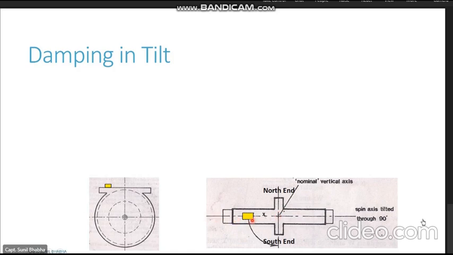The dashed line which you see in the diagram, which I am showing by my laser pointer, basically represents the plane of the rotor. And our weight, the yellow color weight, is fitted in the plane of the rotor and it is slightly offset to west. You see the spin axis is now vertically up and down, and you can see the weight has been offset to the westerly direction. So this is how the weight is.